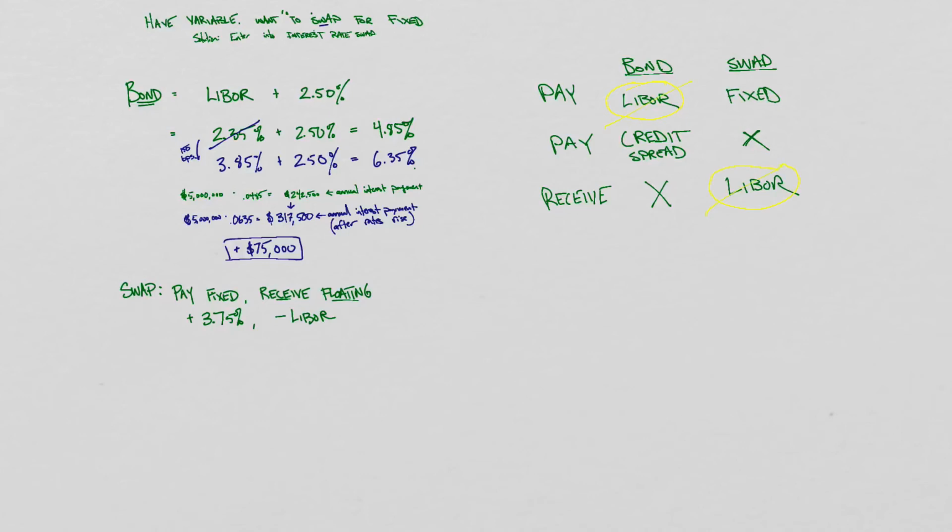But as far as this swap, we bought this swap on top because we wanted to hedge out our LIBOR risk. We pay 3.75%, a fixed rate, no credit risk premium involved with the swap. And in return for paying 3.75%, we receive LIBOR, which is that current 2.35%.